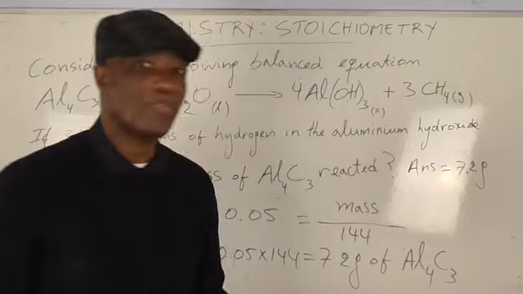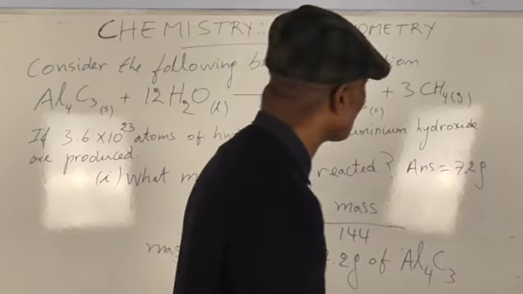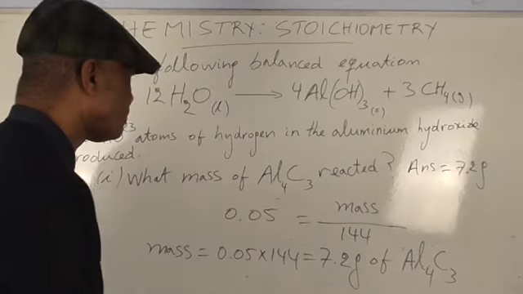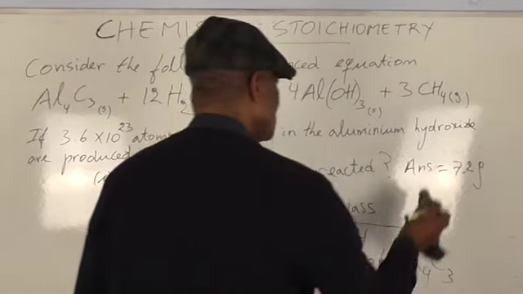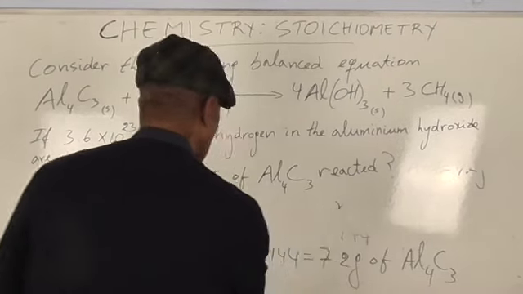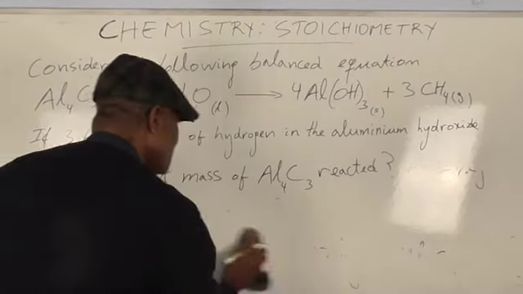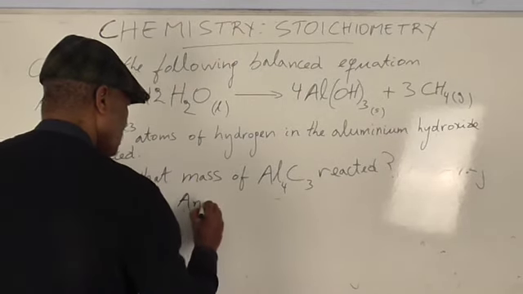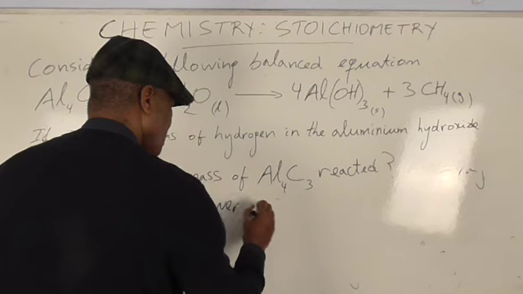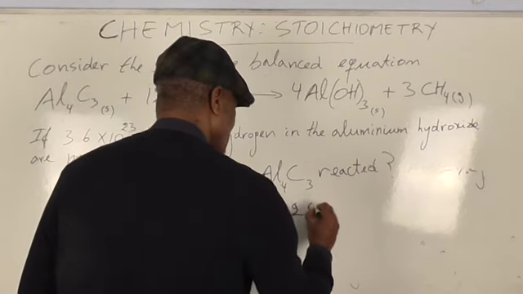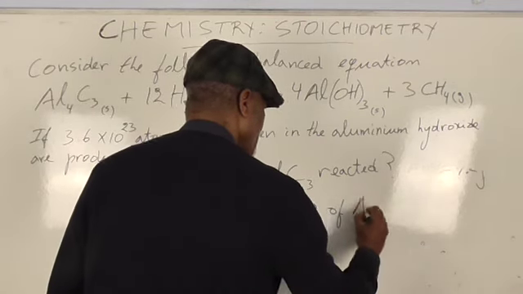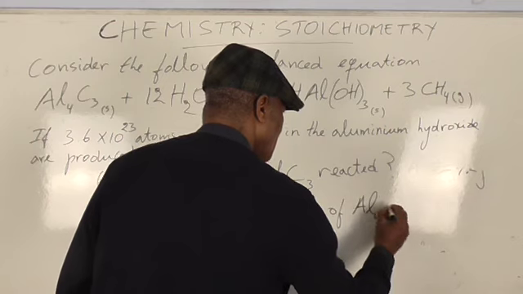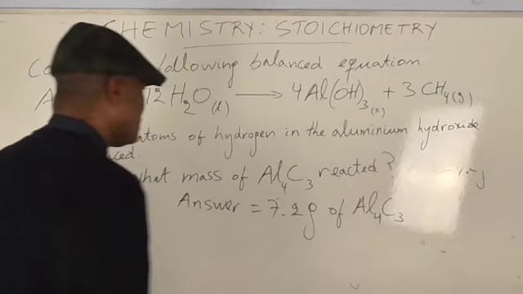Okay? 7.2 grams is the answer for this. Let me write it. Answer: 7.2 grams of aluminium carbide. So this is the answer.